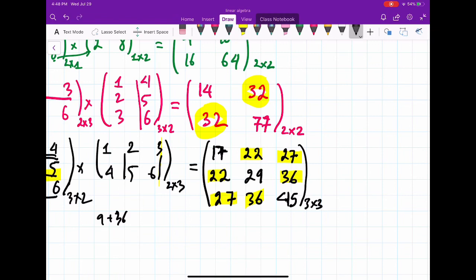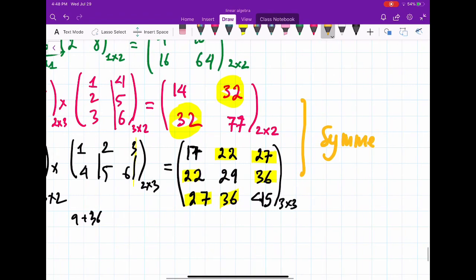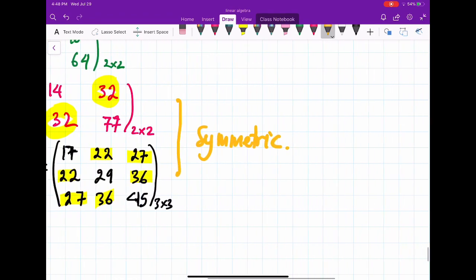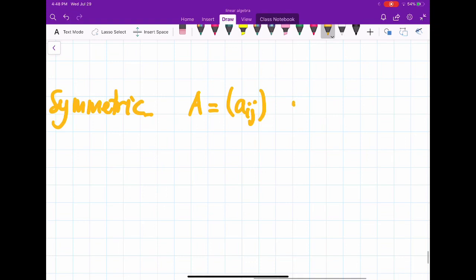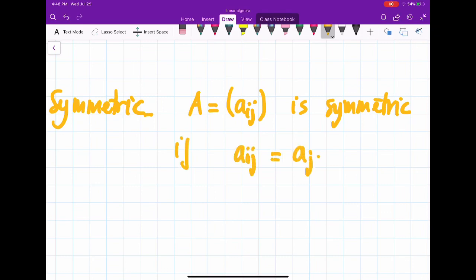Such matrices are called symmetric. So what does symmetric mean? Okay, let's write that in general and go back to our example. If you have matrix A, let's say that is square, with entries A_ij, A is symmetric if A_ij equals A_ji.